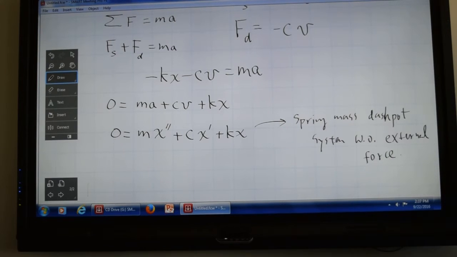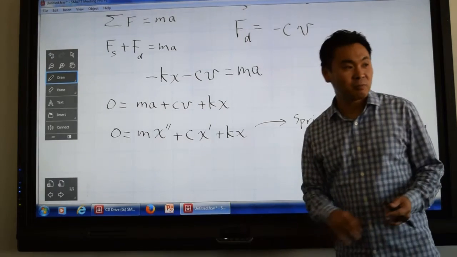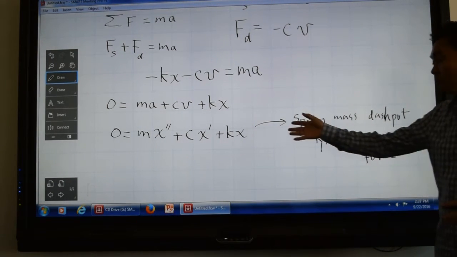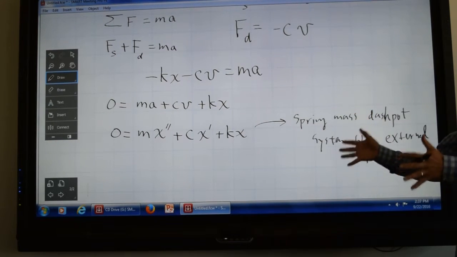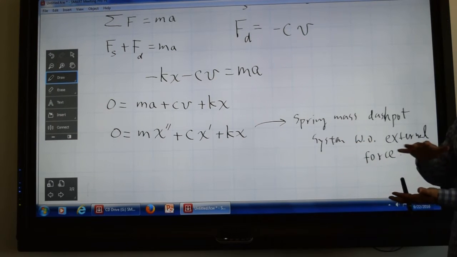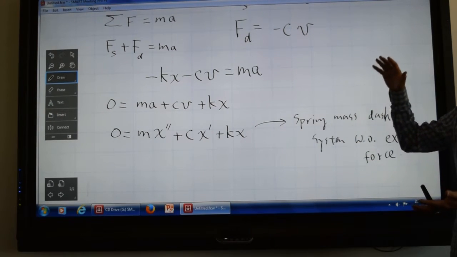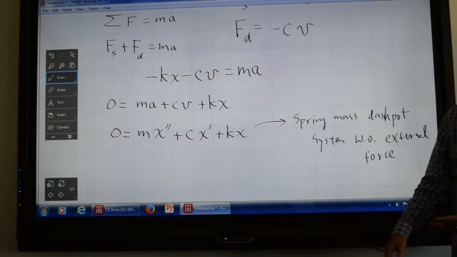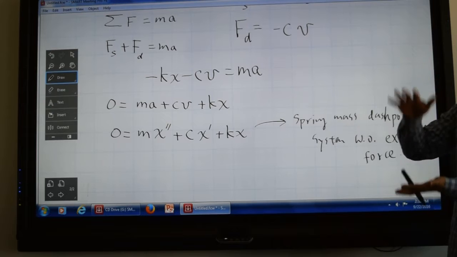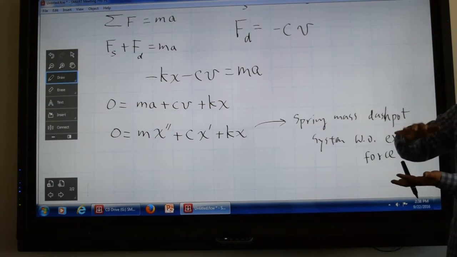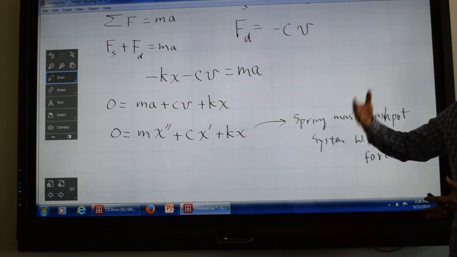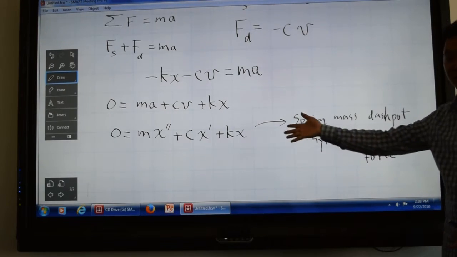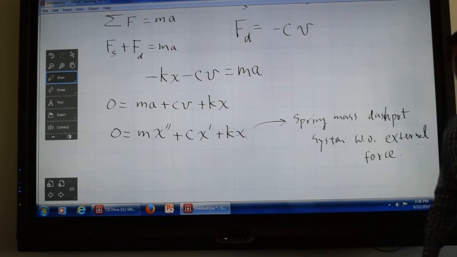So I think the most common metaphor is if you have some big block on a rubber pad, and you push it down, then the rubber pad acts like some kind of spring, right? And also there's all kinds of friction acting on this, right? And then it starts to vibrate up and down. That's like this.